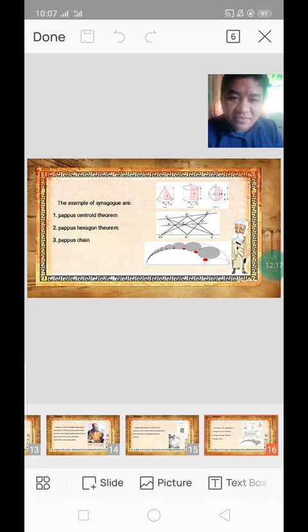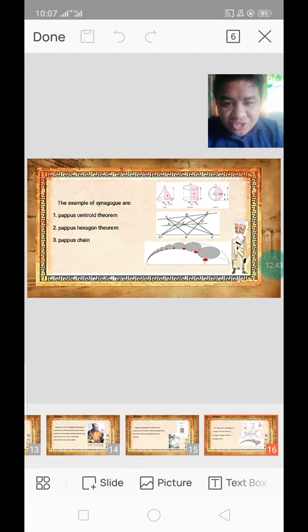I believe that Pappus's Synagogue has 7 books. 3 of these, I will search about this. The 3 of these are the Pappus Centroid Theorem, the Pappus Hexagon Theorem, and the Pappus Chain, which are still working until now.